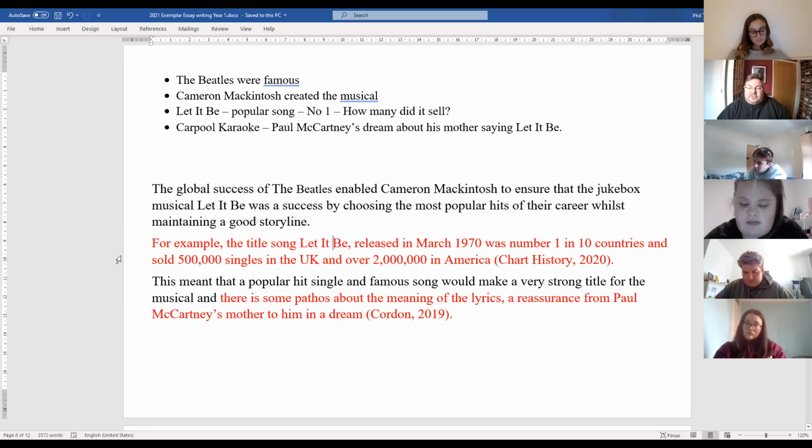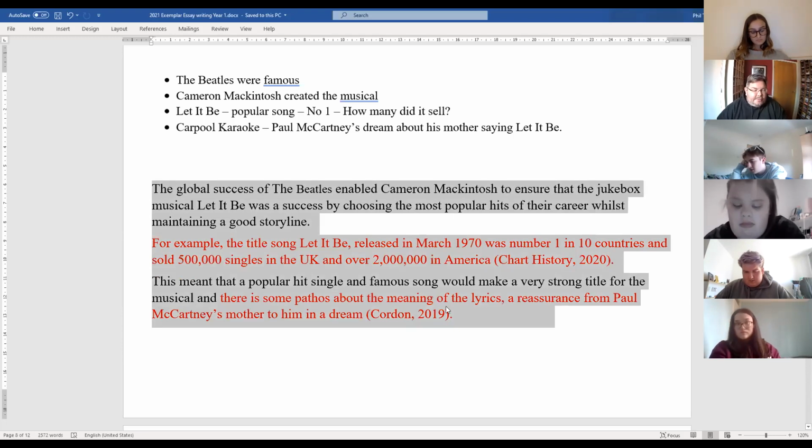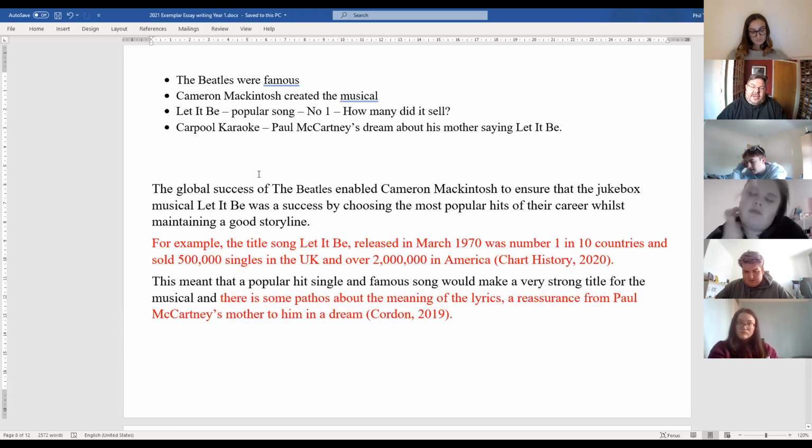I've got some decent facts and figures, and I've drawn a conclusion in that paragraph saying, therefore, this is a really good title for the show, as well as obviously a good point for having it in the show itself. So that becomes a paragraph of 111 words. Once you get your facts together, you can start building up these paragraphs.